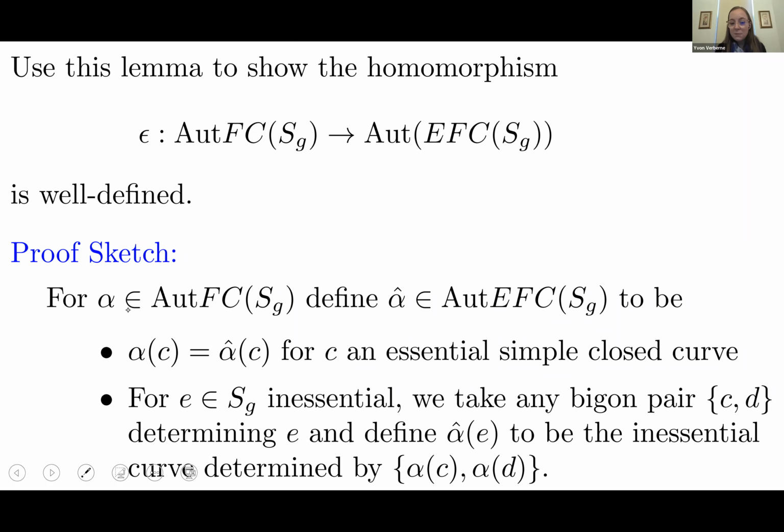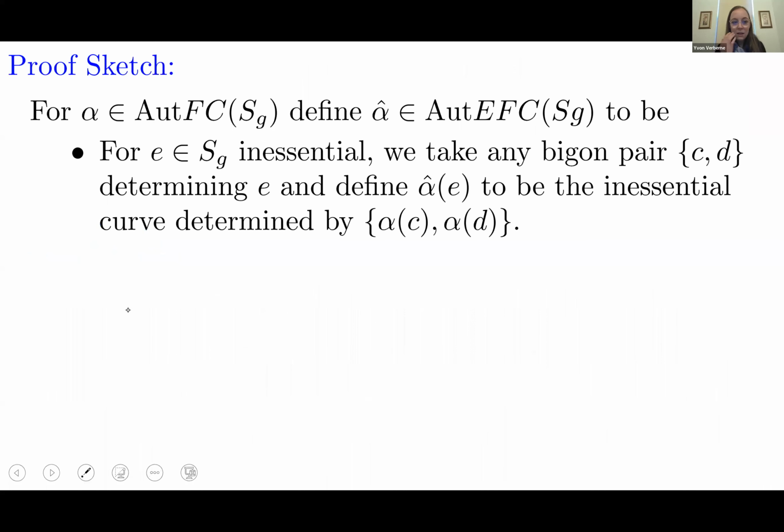So the curve is going to be defined by our automorphism applied to C and our automorphism applied to D, which will once again give us a Bigon pair. To show that this is well defined, all of the difficult work lies in showing that the piece where we're mapping the inessential curves is well defined.